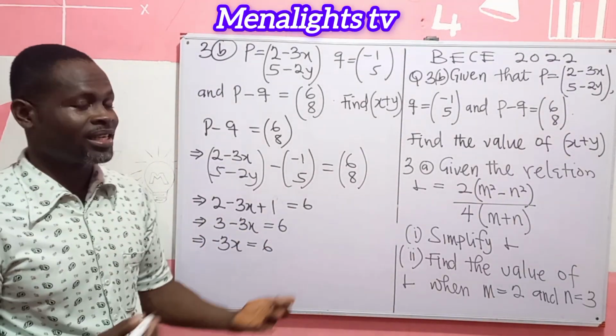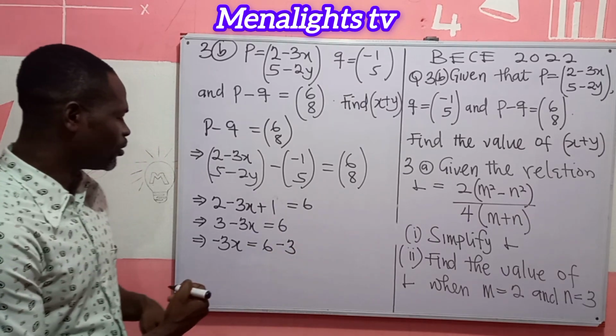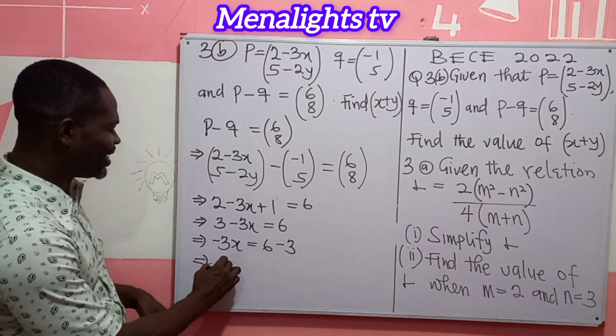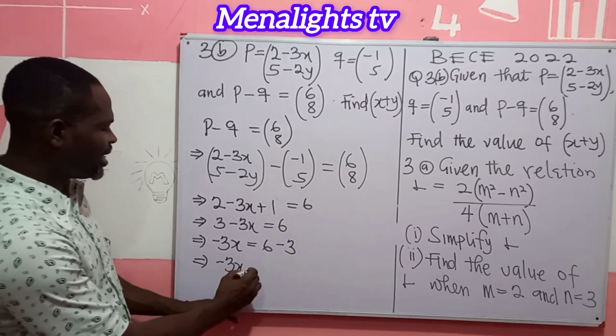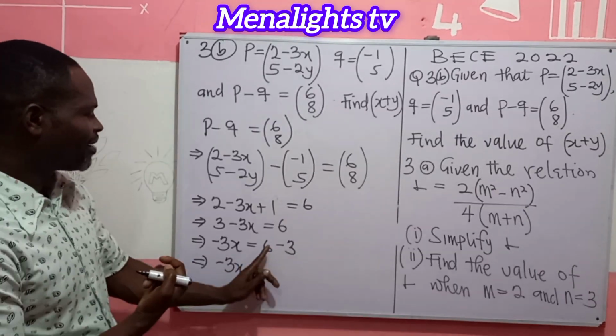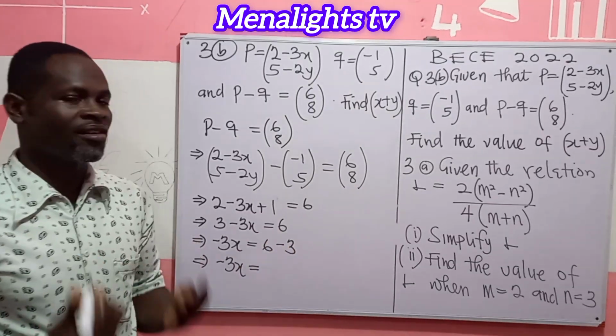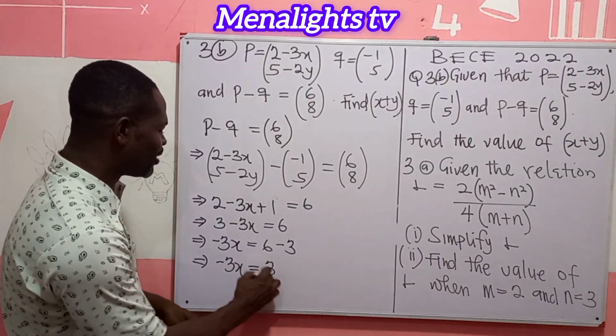So when you go to where the 6 is, it becomes negative. So minus 3 here as well. So negative 3x is equal to 6 minus 3, which will give us what? Positive 3. So we have the 3 here as well.